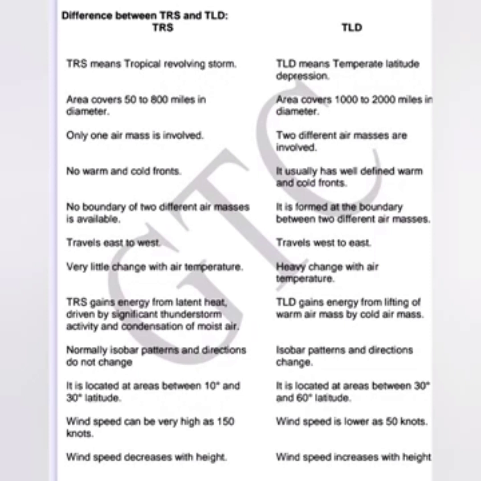TLD gains energy from lifting of warm air mass by cold air mass, while TRS was gaining energy from the latent heat released from the condensation of moist air. The isobar pattern changes in TLD and not much changes in TRS. And the wind speed increases with height in TLD, while the wind speed decreases with height in TRS.